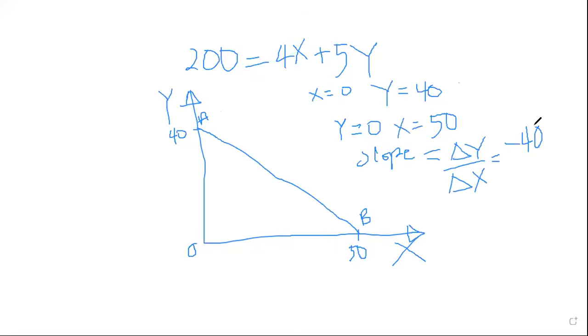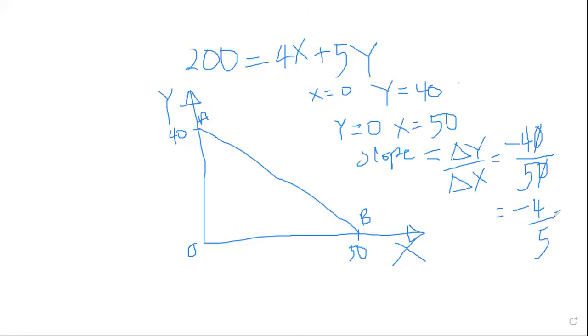So there's a reduction in y. That is why it is negative 40. And then the change in x is from 0 to 50, so that is an increase, and we have it as 50. So if you cancel this, it means that the slope of this budget line is minus 4 over 5.